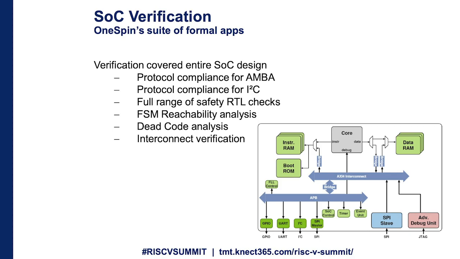We have verification IPs for AMBA. We have applied the protocol compliance for I2C, a full range of automated RTL checks, FSM reachability analysis, dead code analysis, interconnect verification, and of course there is more space to apply it at the SoC level.